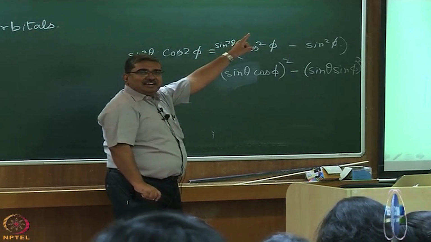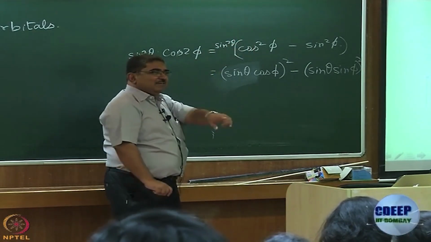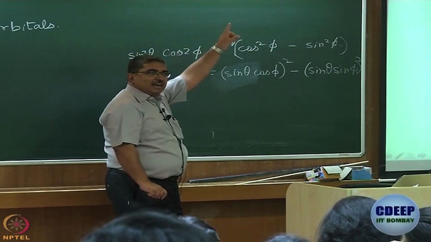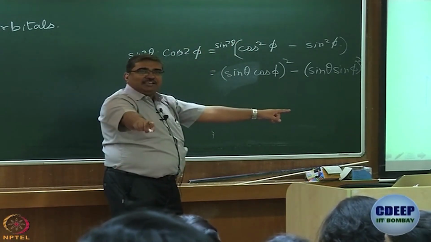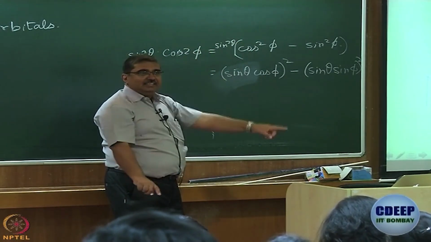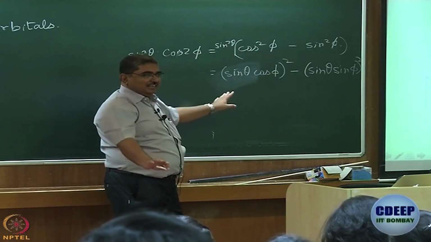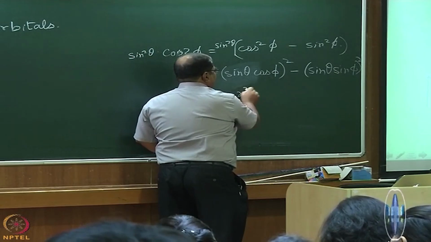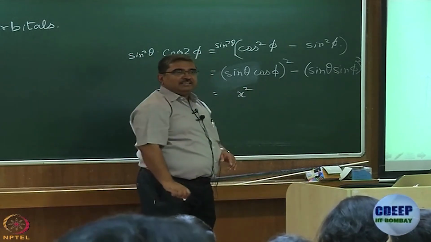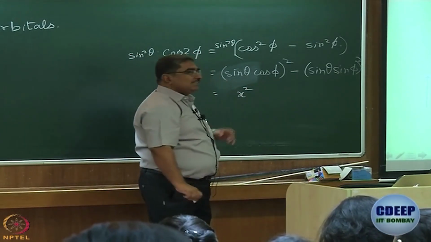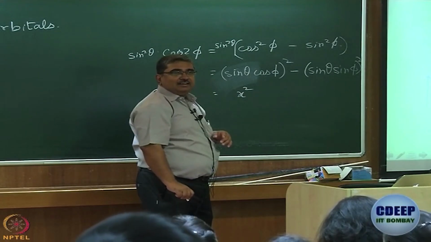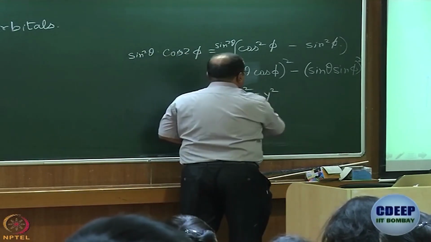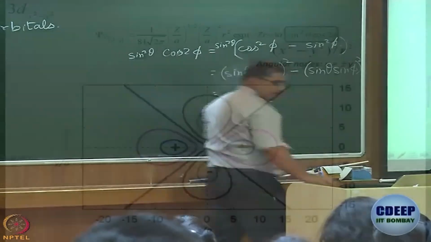Remember r theta phi, right? So, r cos theta equal to z, r sin theta cos phi is x, r sin theta sin phi is y. Okay. So, sin theta cos phi is x square divided by r square, isn't it? And what is sin theta sin phi whole square? Y square by r square. So, it boils down to x square minus y square by r square.